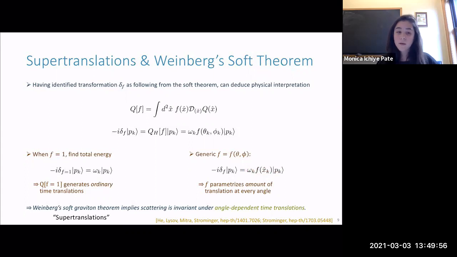Thus, we found that Weinberg's soft graviton theorem implies that scattering is invariant under angle-dependent time translations. These were known previously from the general relativity literature, and they're called supertranslations, discovered by BMS: Bondi, van der Burg, Metzner, and Sachs.